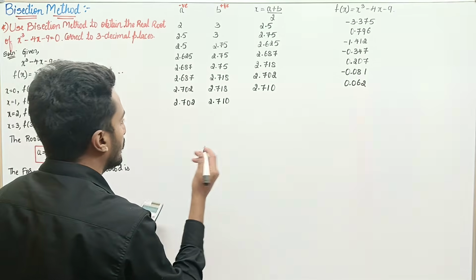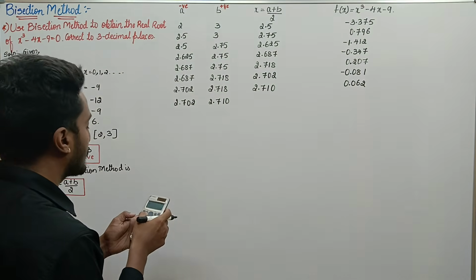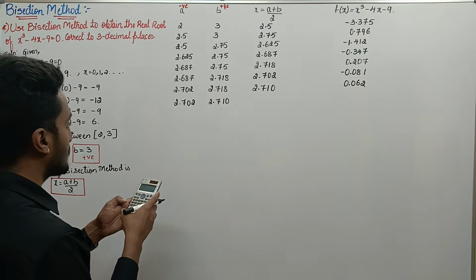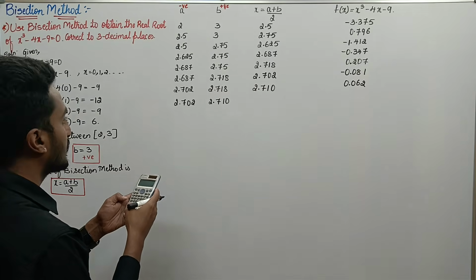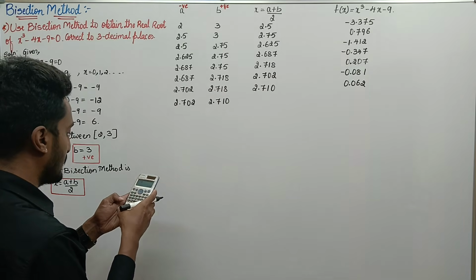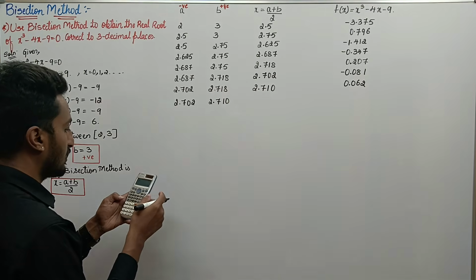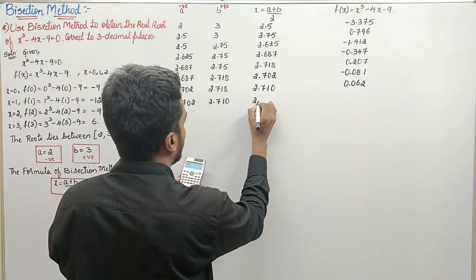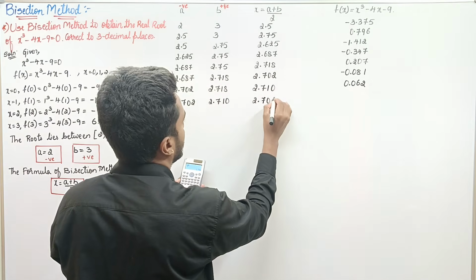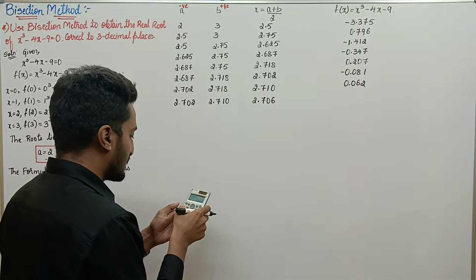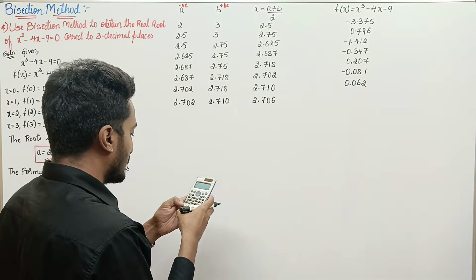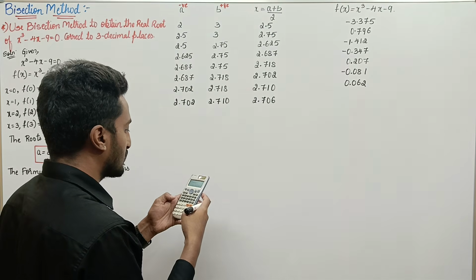Done? Yes. Now substitute. Calc A, 2.702 equals 2.710 equals, you get 2.706. Now press function value. Calc 2.706 equals.